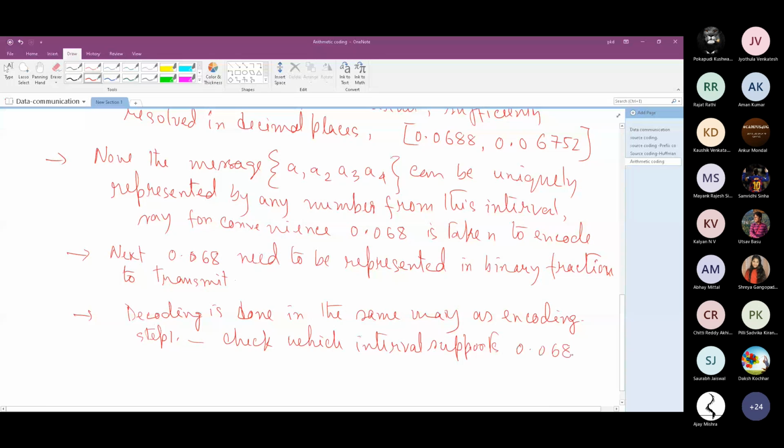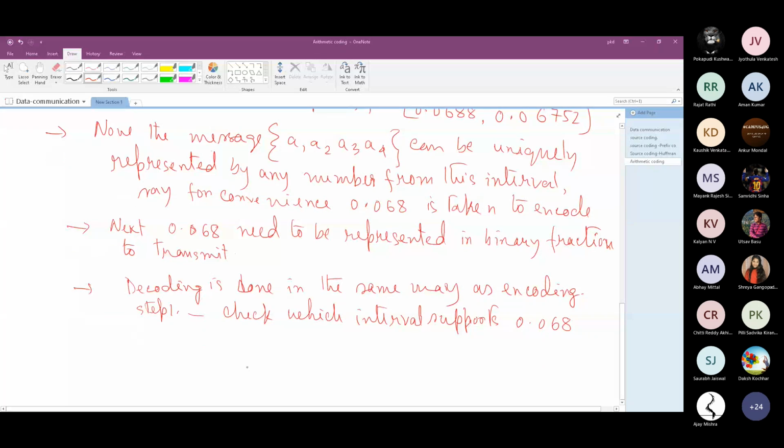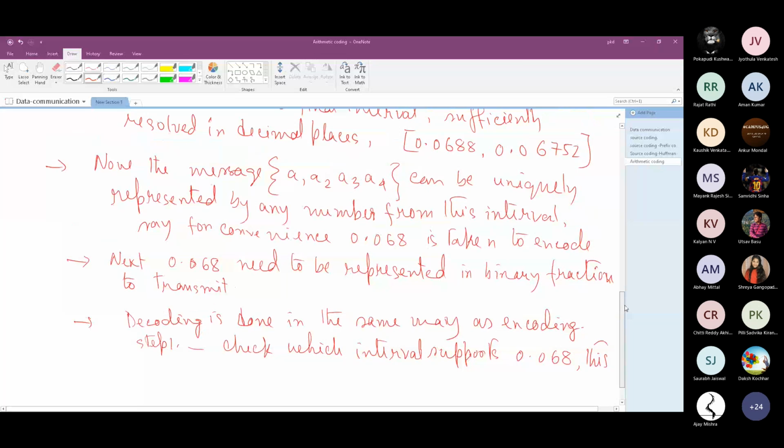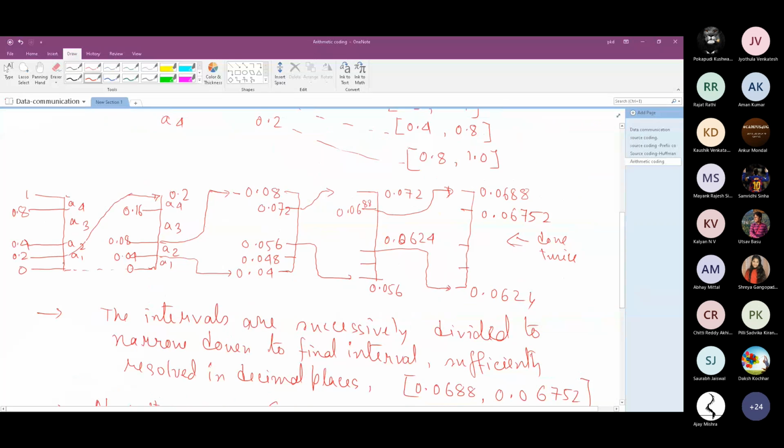If we go here, 0.068 is supported by the first interval. So that is A1. What intervals are we checking? This interval, 0 to 0.2, the initial intervals. Yeah, initial.